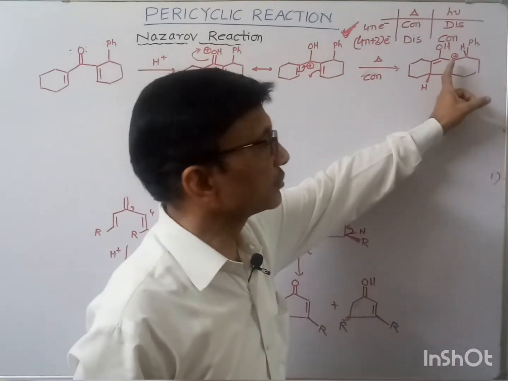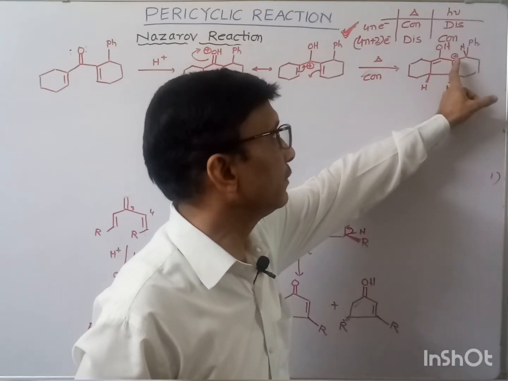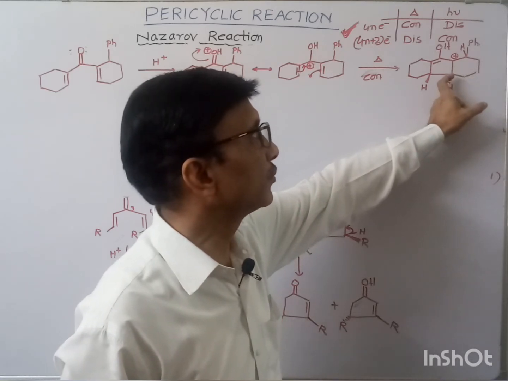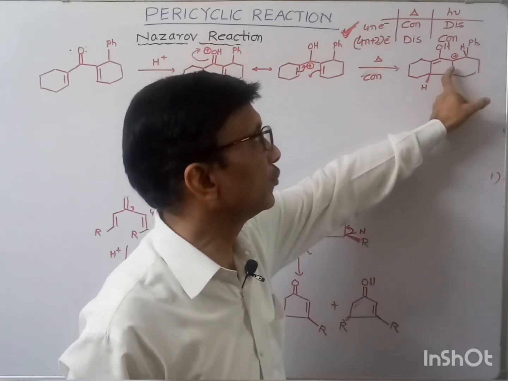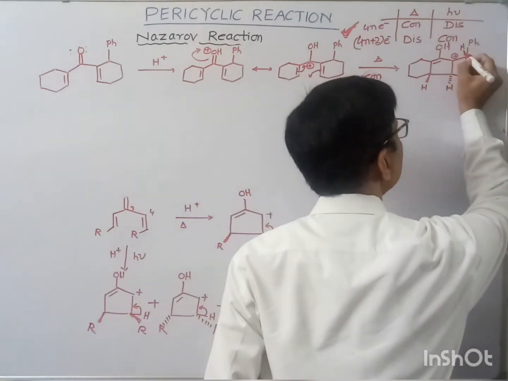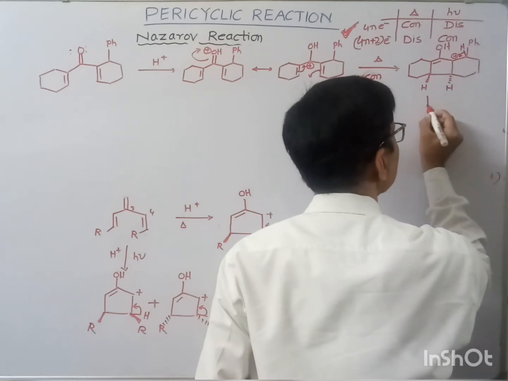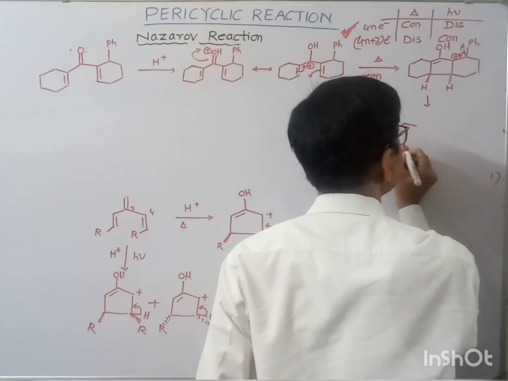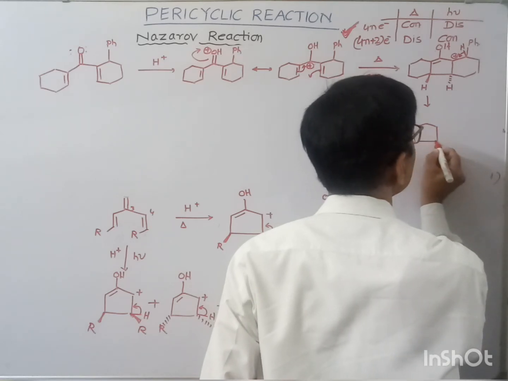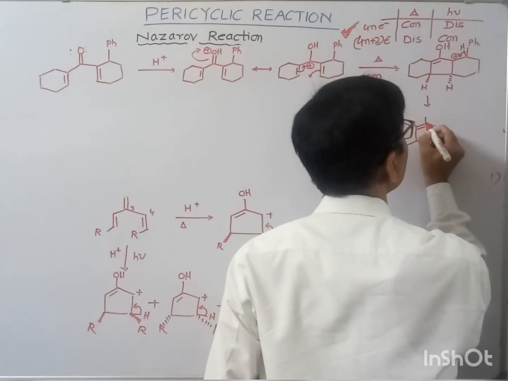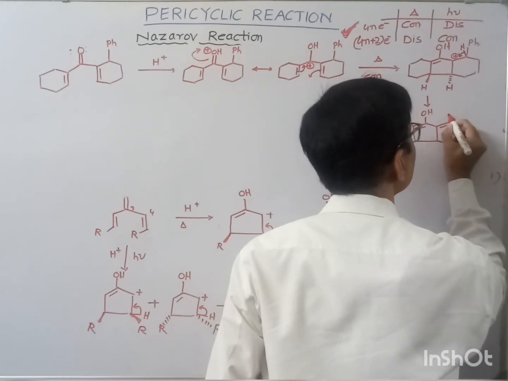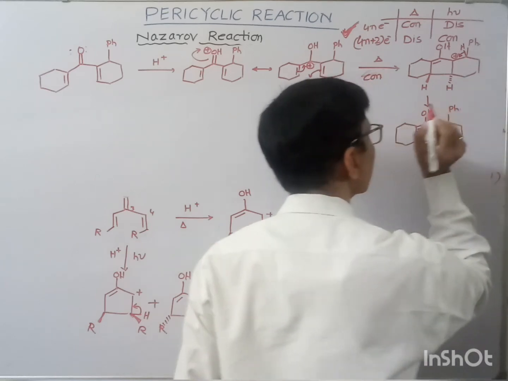So this positive charge may be neutralized by this H, or it may get neutralized by the removal of this H. So I should remove this hydrogen, and if I remove this hydrogen, the product formed would be this. Okay, this would be the product.